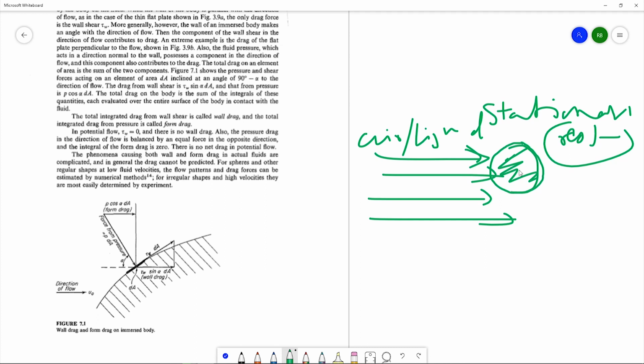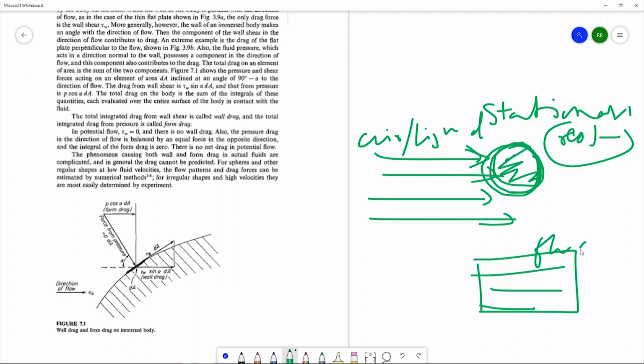So this is called drag. Fluid will apply some drag on this solid particle. Also, suppose the fluid is stationary, and the particle wants to move through the fluid. Then again, the particle is exerting some force, so the fluid will exert an opposite force on the particle.